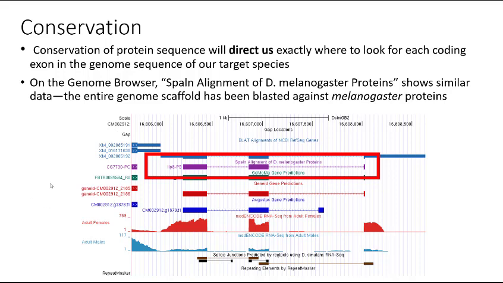Then once we get to the region of the browser, there's another conservation track that will be used, and this is this SPAR ALN alignment to D. melanogaster proteins. So this is not telling you that this for sure is that particular gene. What it's telling you is that when that particular genome sequence was blasted against all of the melanogaster proteins, there was a region here that was very similar to a Drosophila melanogaster gene called ILP8.